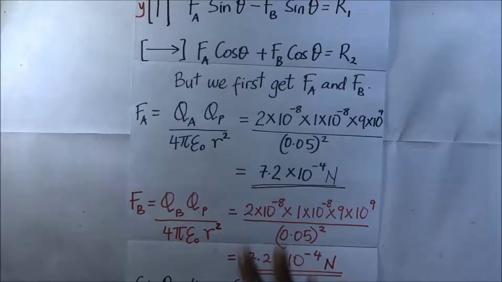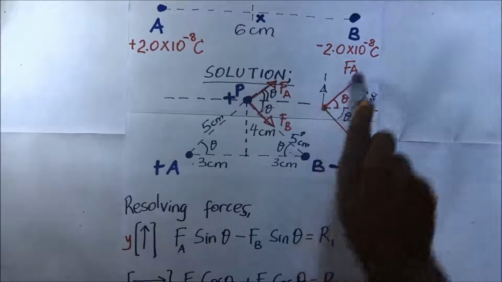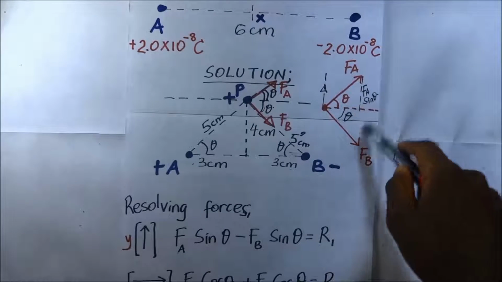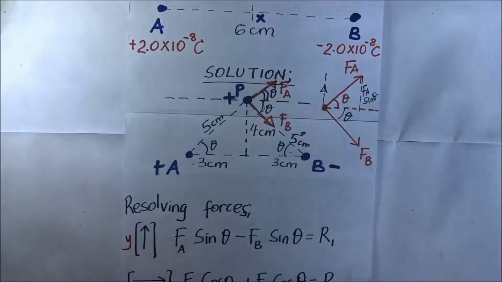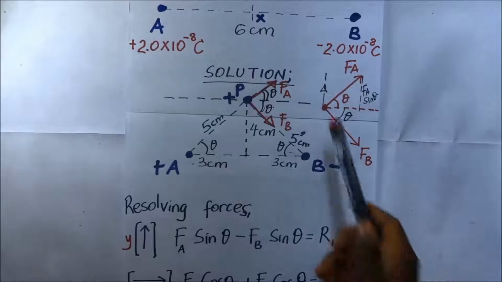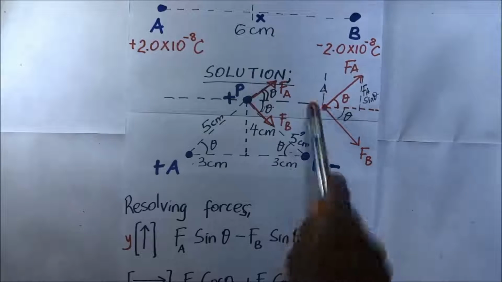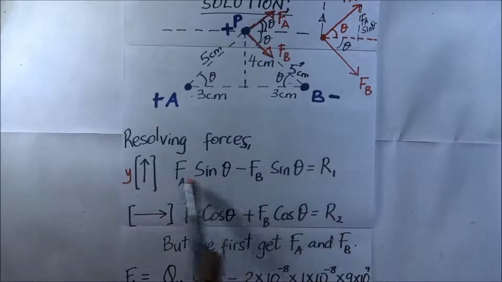So now we have two forces here. We have FA acting in that direction, and it is identical to the force FB acting in this direction, on that point P. Now we find the resultant of these two forces. To get our value of R1, we substitute the values of FA and FB which we have gotten.